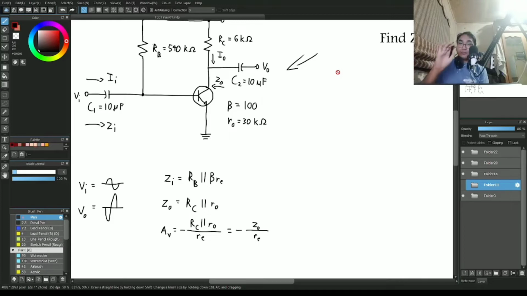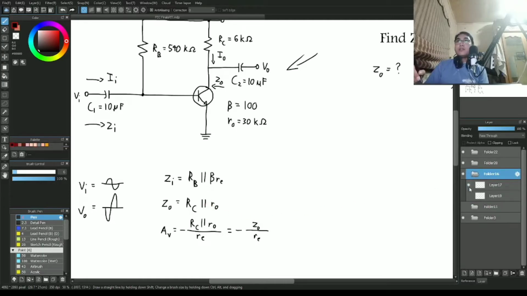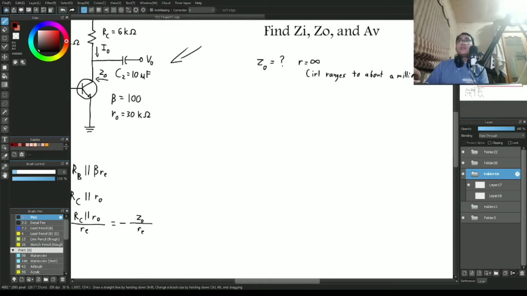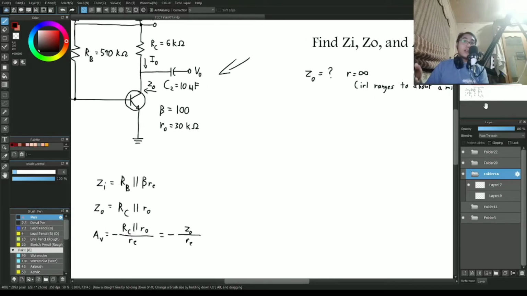So we instead remove RO from the equation. Now we only get RC for the ZO, or output impedance. Because of that, we just substitute RC for ZO, which is 6 kilo ohms.